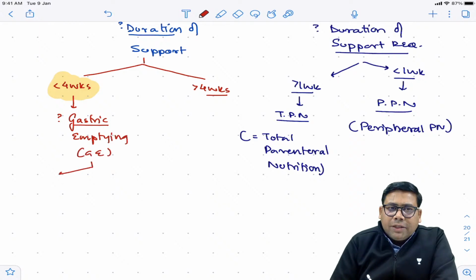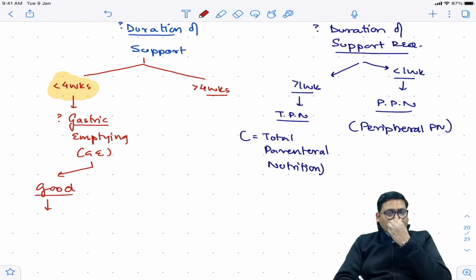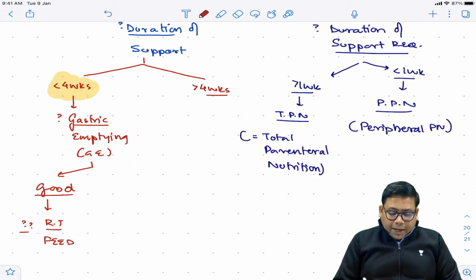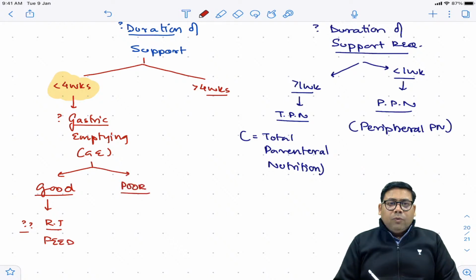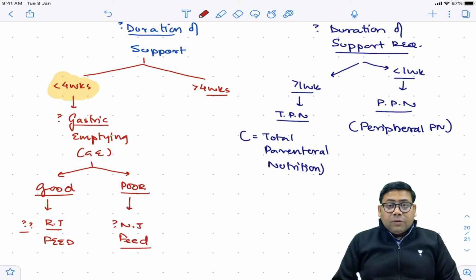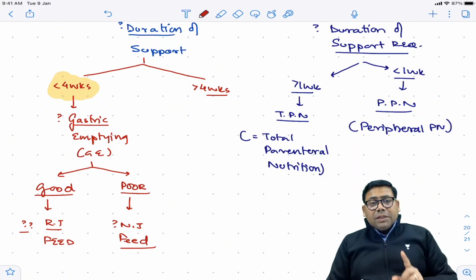If there is good gastric emptying, then you can go for Ryle's tube feed, RT feed. If the gastric emptying is poor, then we go for what feed, students? NJ feed. What is NJ feed? Nasojejunal feed. So gastric emptying is very, very important.